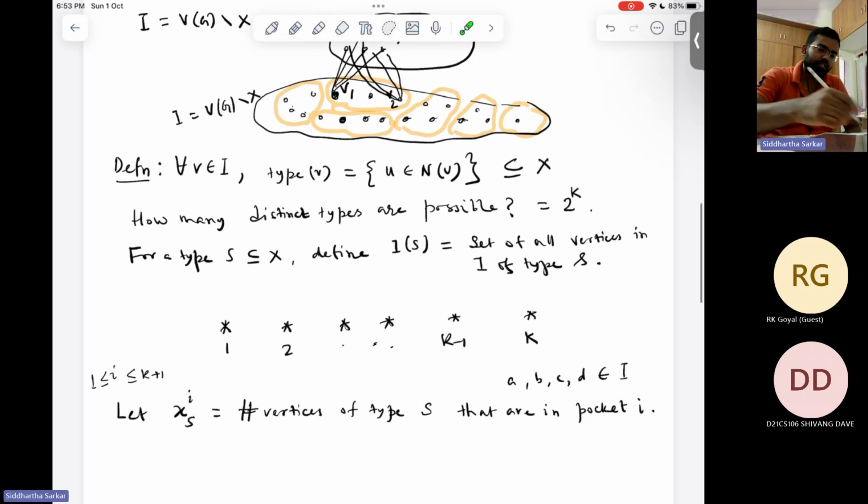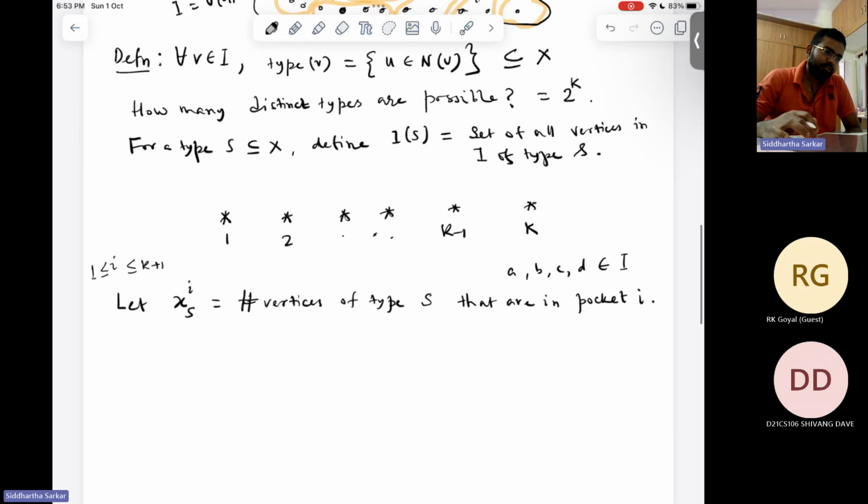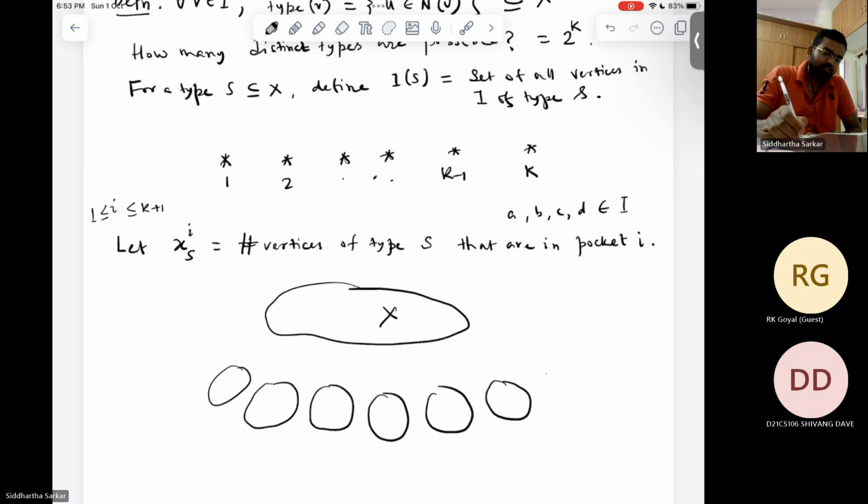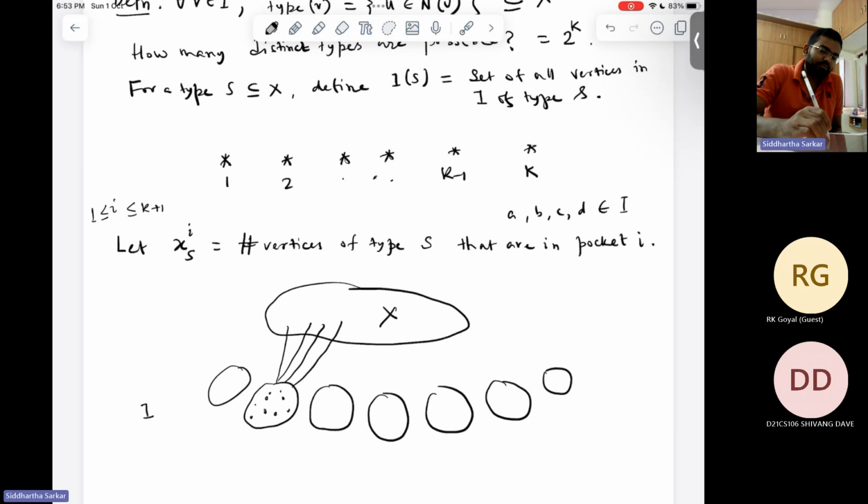So let's draw one more picture. It is slightly complicated. So this is X, this is a vertex given to us, and let us draw these bags. Together, this is the set of independent sets. All the vertices in one bag have the same S, so they are adjacent to the same set of vertices in X. Let us say this is S1 and this is S2.